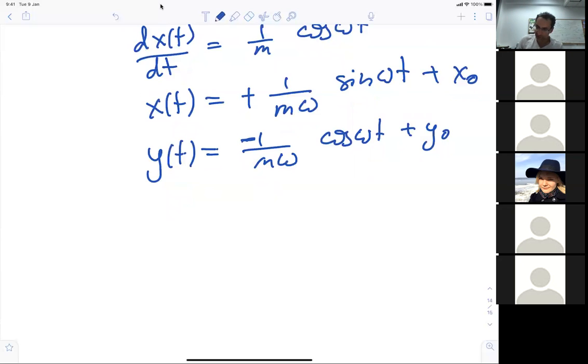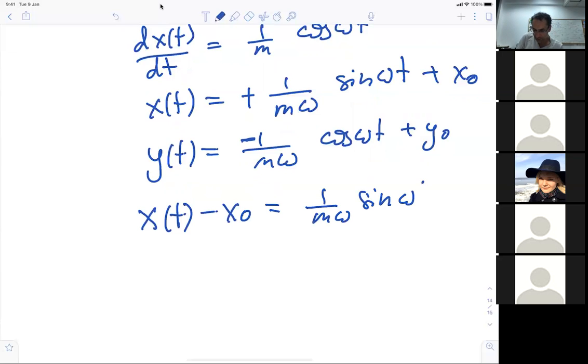So this describes again a point. If I look at it, x minus x0 is equal to 1 over m omega sine omega t, and y minus y0 is equal to 1 over m omega cosine omega t.